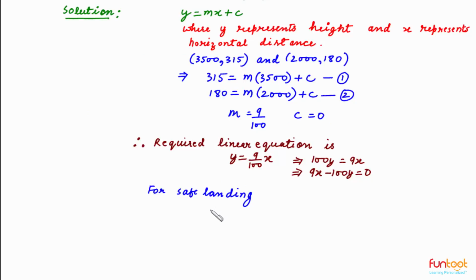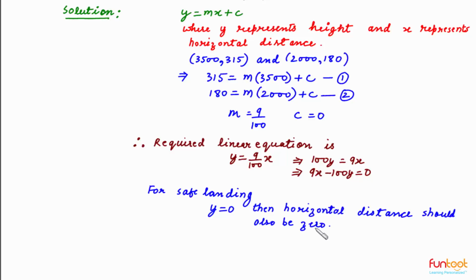For safe landing, when height becomes 0, that means when y = 0, then the horizontal distance from the runway should also become 0. Let's see if this happens or not. In this equation, let's put y = 0.